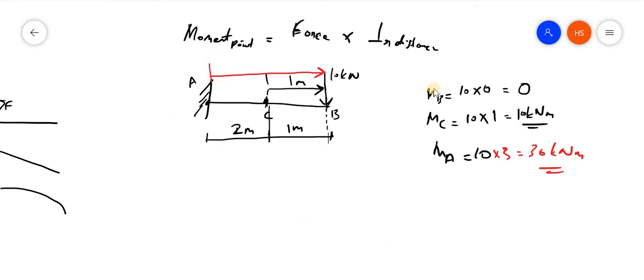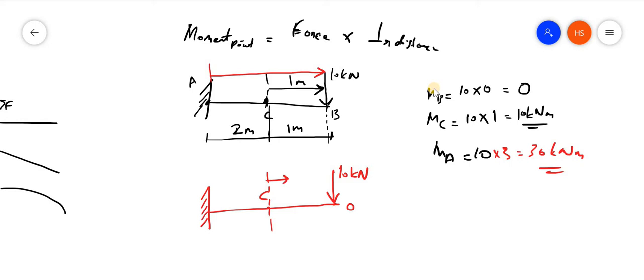Now let us consider the beam which we considered earlier. Here the 10 kilonewton was acting, and at this point the moment is equal to 0. Now consider point C. The bending moment can be found by considering the forces to the right or left.